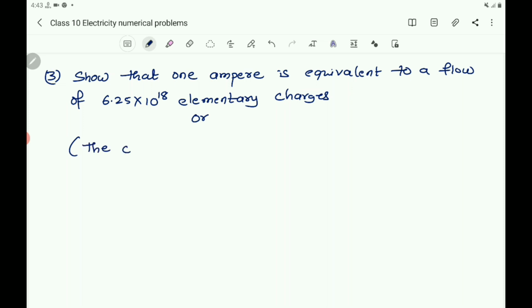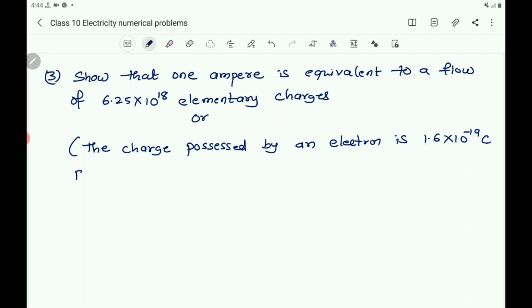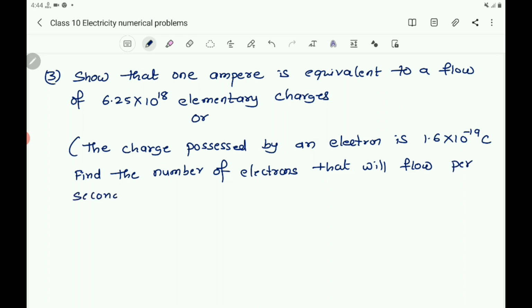The charge possessed by an electron is 1.6 into 10 power minus 19 C. Find the number of electrons that will flow per second to constitute a current of 1 ampere.